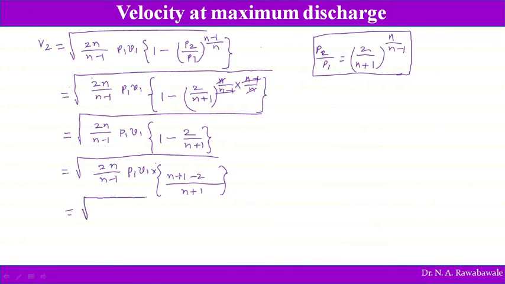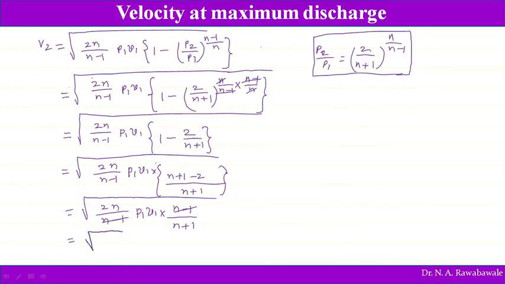Square root of 2n divided by n minus 1 p1 v1. This can be written as n minus 1 divided by n plus 1. So this n minus 1, this n minus 1 gets cancelled.